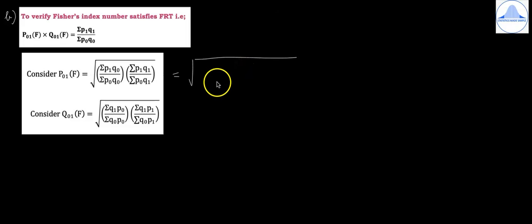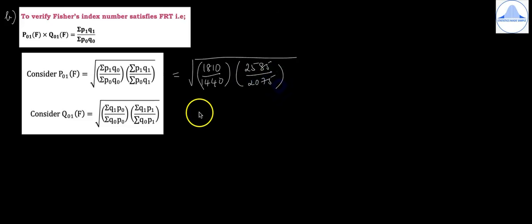So now let us substitute the totals. So this is root of 1810 divided by 1440 into 2585 divided by 2075. Similarly, substitute the totals for Q01 of f.